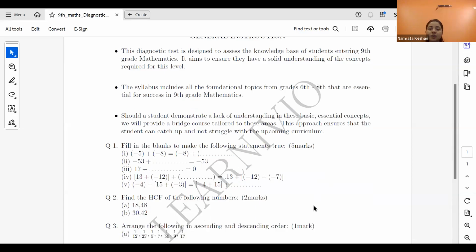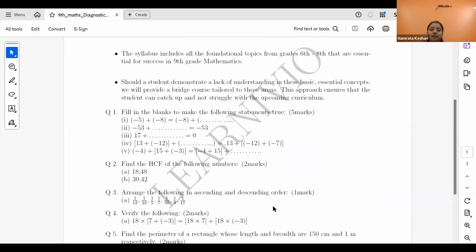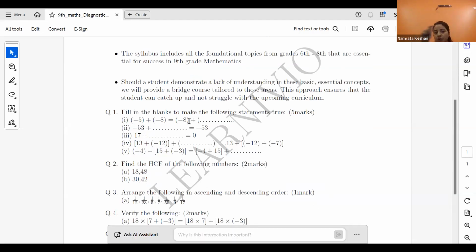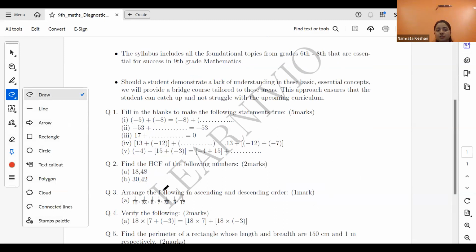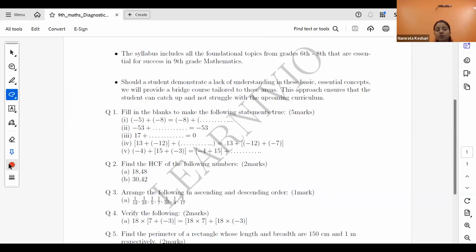Can you see this screen, Gauri? Yes, ma'am. Please, question number 1. You just have to start reading from 1. The previous part is just instruction. So please read from the first. Fill in the blanks you have to do over here.